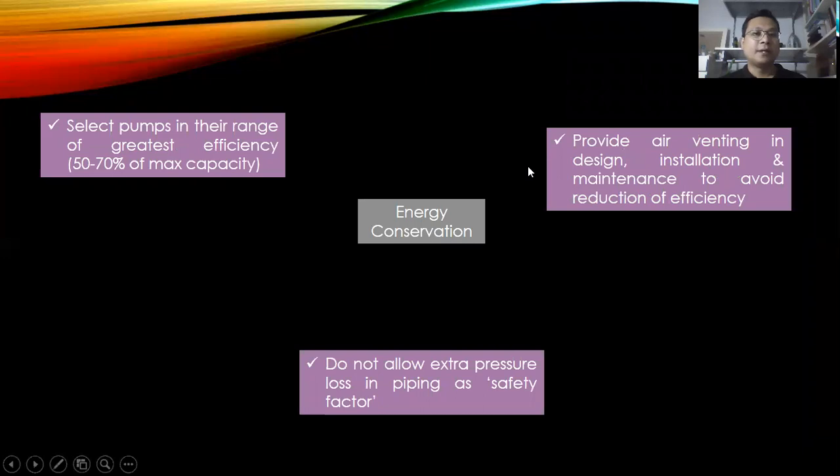So for energy conservation, we provide air venting in the design and installation and maintain it to avoid reduction of efficiency. Do not allow extra pressure loss in the piping as a safety factor. Please don't make extra loss in the piping system.